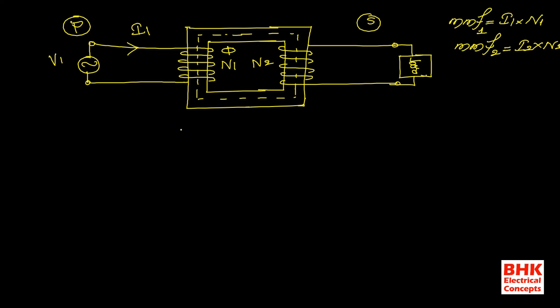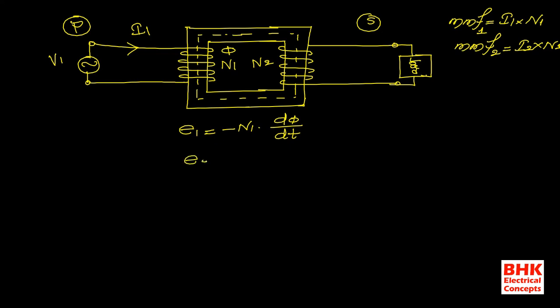If E1 is the EMF produced in the primary side, then E1 is equal to minus N1 into d phi divided by dt. So this is the expression of EMF which is produced in the primary side.